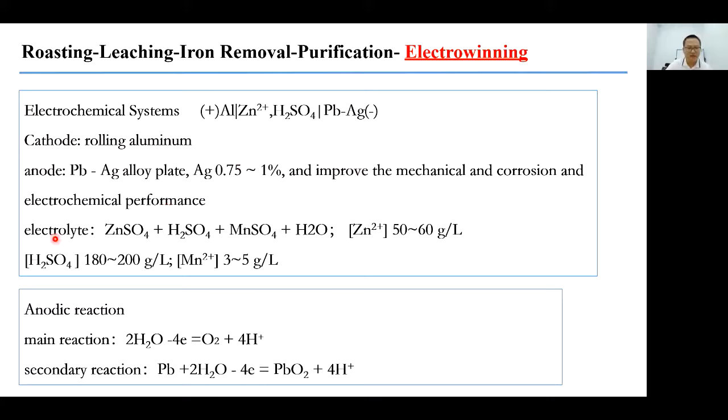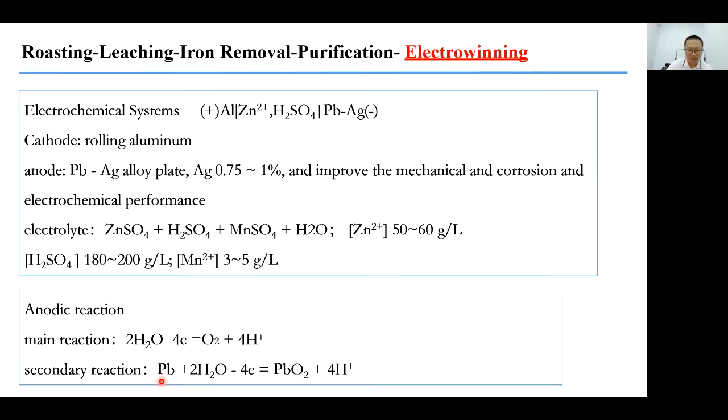And the electrolyte is composed of zinc sulfate, also magnesium sulfate, and a lot of sulfuric acid. In the anodic reaction, we are producing oxygen.